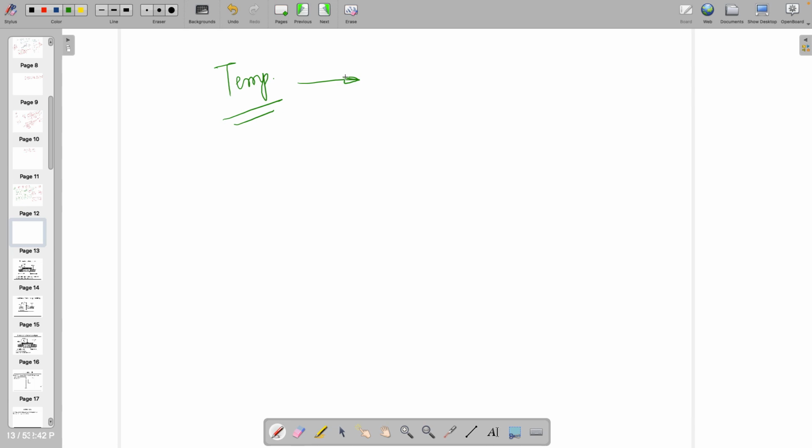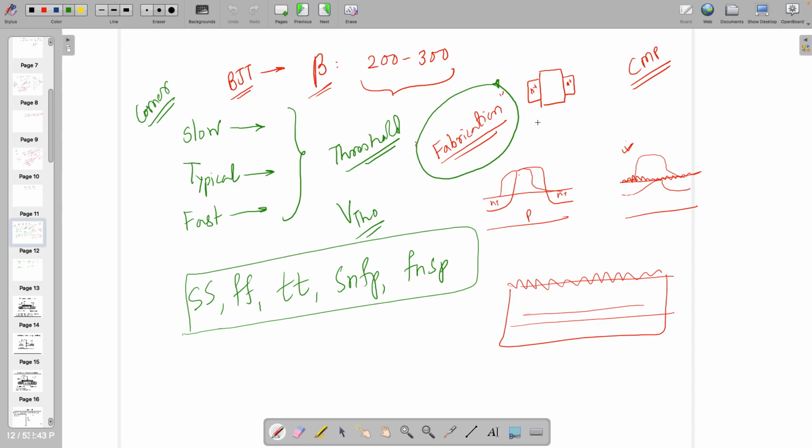I'm not claiming our signal, but what we are saying is all consumer electronics has to work in this particular range. So this is an agreed thing that all consumer electronics we have to make sure that it has to work between -40 to 125 degrees. And in the same way, voltage is another thing where whatever the VDD is given, you might have some plus or minus 10% going up and down also possible. So this one, which was with process or with fabrication, we can call that one the process corner.